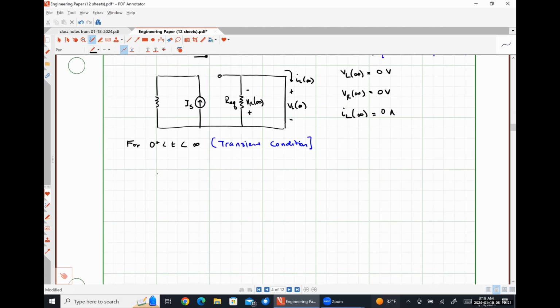Our circuit is going to look like this. Here's our resistor. Our switch should be closed at position B. Terminal A should be open circuited.